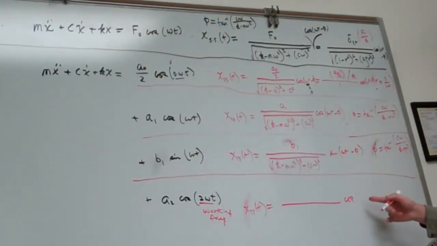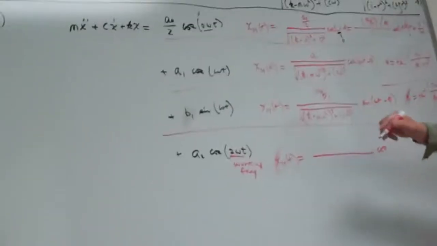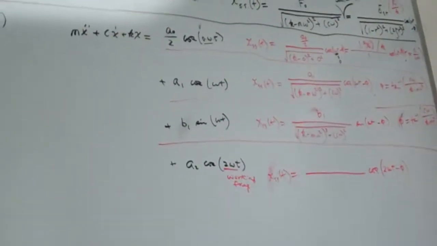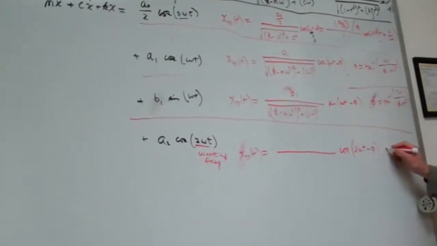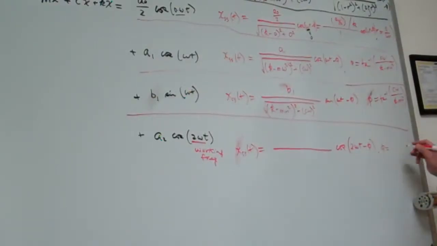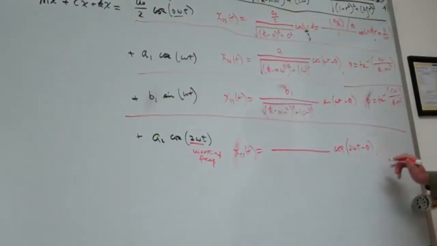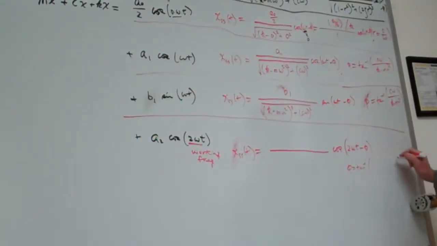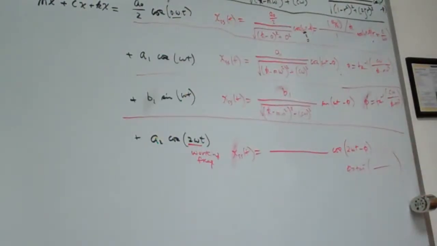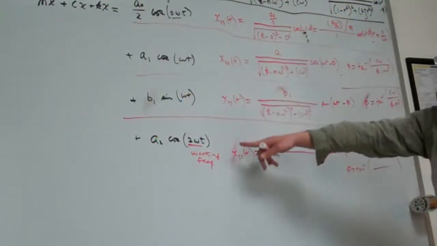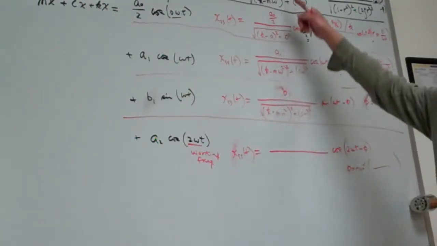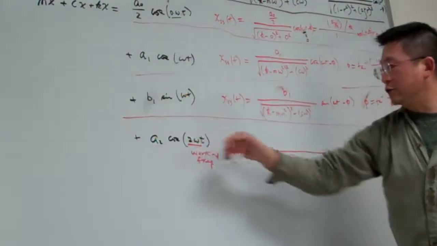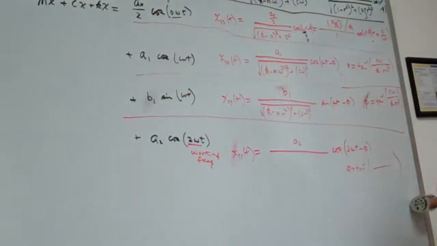Let me write up the whole pattern first. The harmonic function is 2 omega t, so we follow the same pattern, and then we have a phase angle delay. The phi will be equal to, okay, then we build up the template first. The template says the numerator is the magnitude of the harmonic function, which is A2 here, so we put an A2 here.